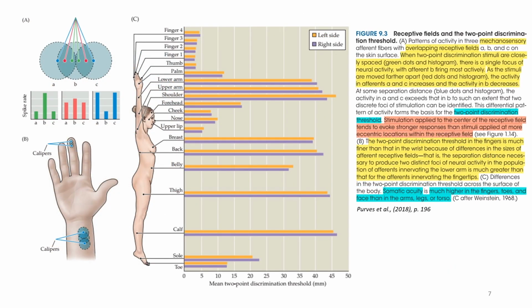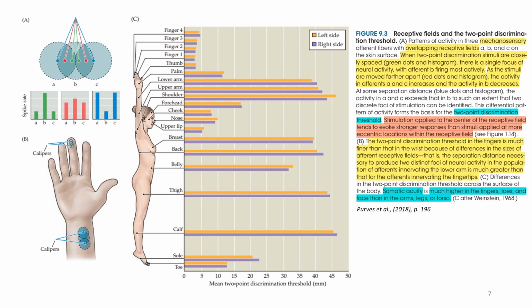What we observe here is that the receptive field of tactile receptors that span the surface of our body varies depending on the location that is being touched on our body.